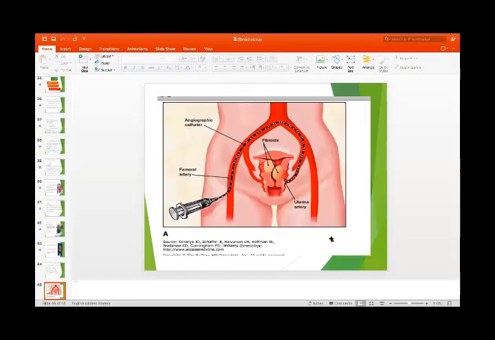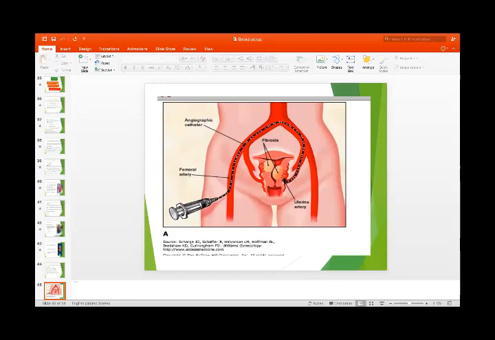So this is how we perform a uterine artery embolization. Through the femoral artery, we pass a catheter. Through the catheter, we pass the polyvinyl alcohol particles. So this syringe injects the polyvinyl particles. These are the particles, which will go via the femoral artery to the external iliac, common iliac, and then to the uterine artery.